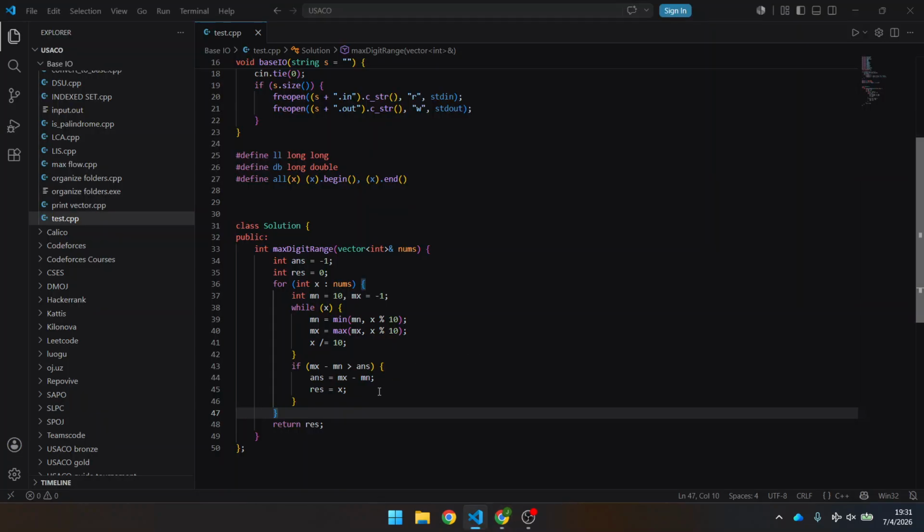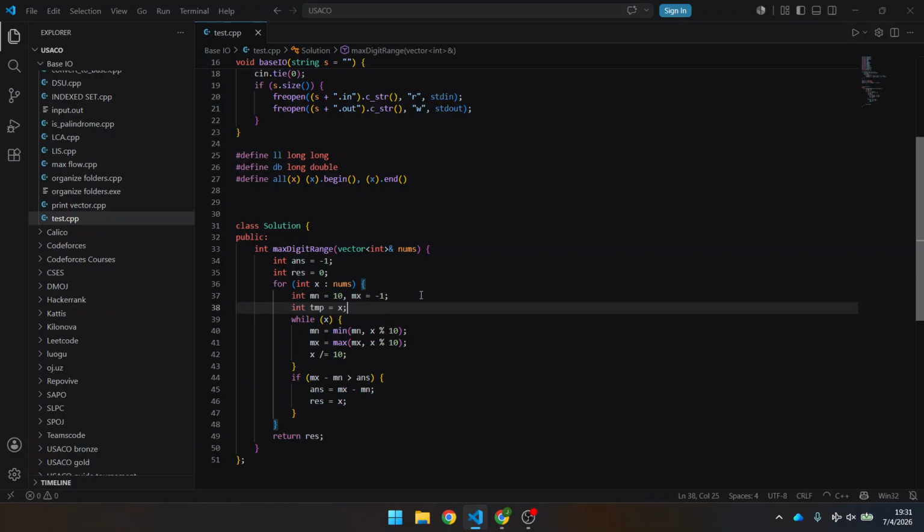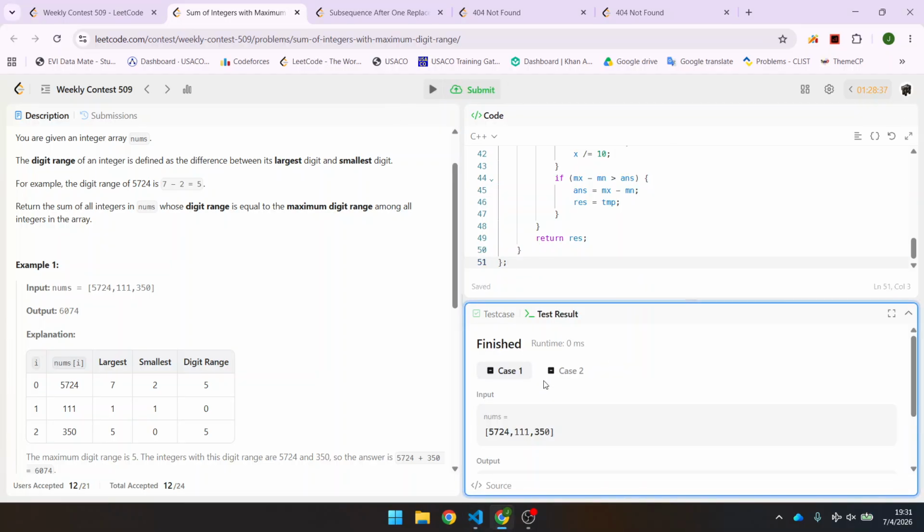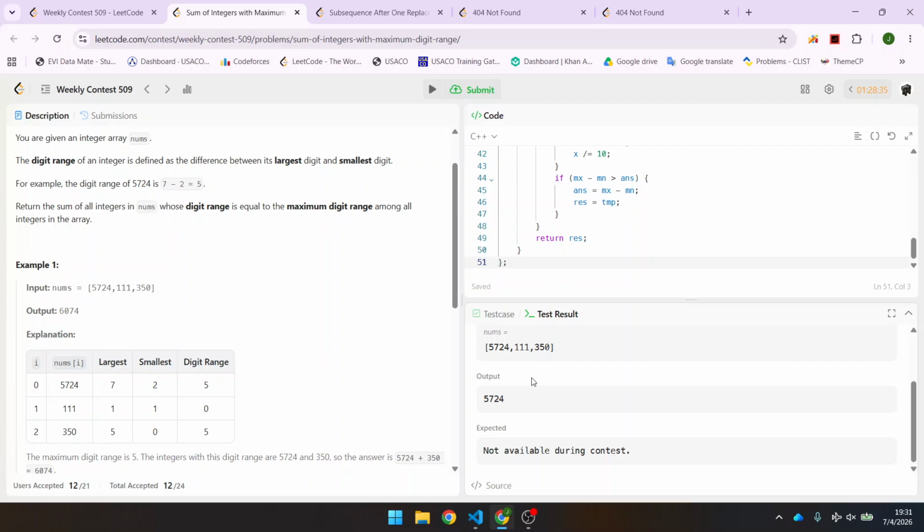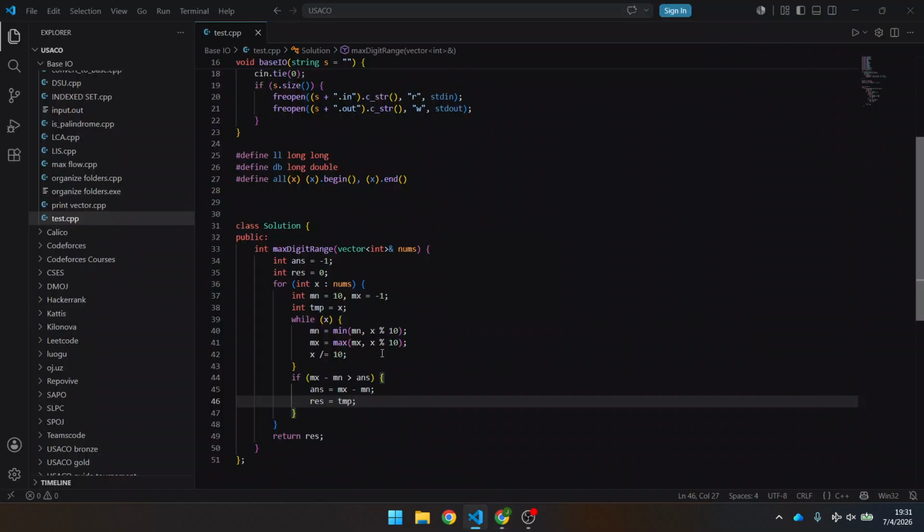What happened here? Oh, rest equals to TMP. 5724. What happened here? Max min is 10.